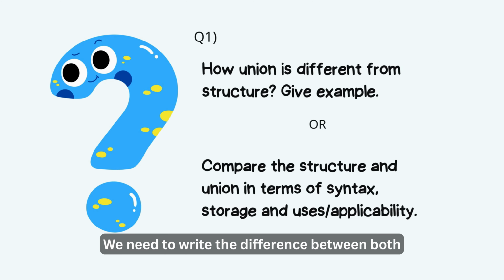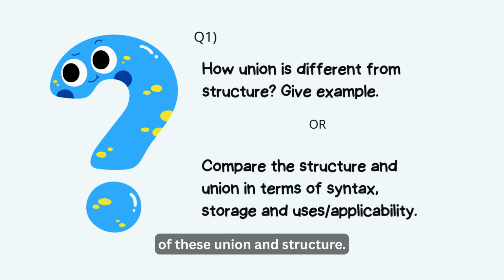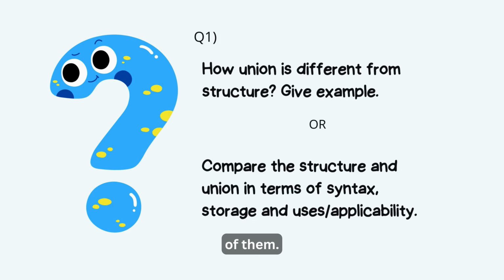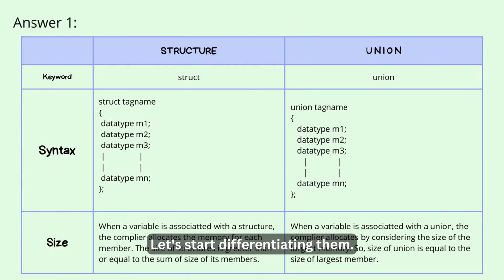We need to write the difference between both of these, union and structure, with the differences like their keyword, their size, their memory, their syntax, and uses or applicability, and with an example for both of them. Let's start differentiating them.